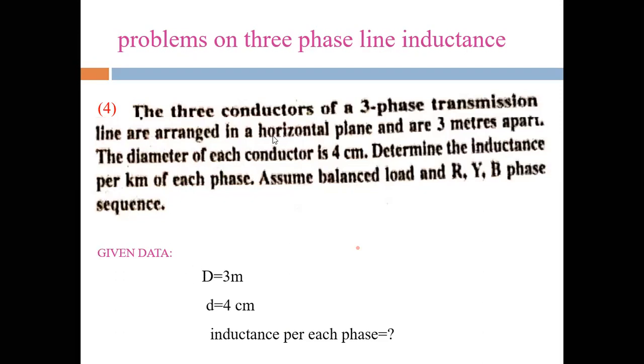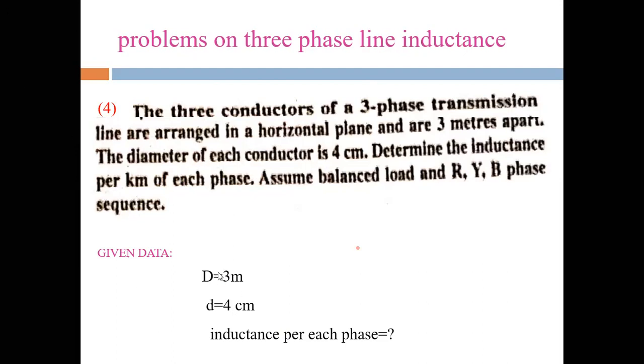First write down the given data. The three conductors of a three-phase transmission line are arranged in a horizontal plane and are 3 meters apart, that is the distance capital D equal to 3 meters.